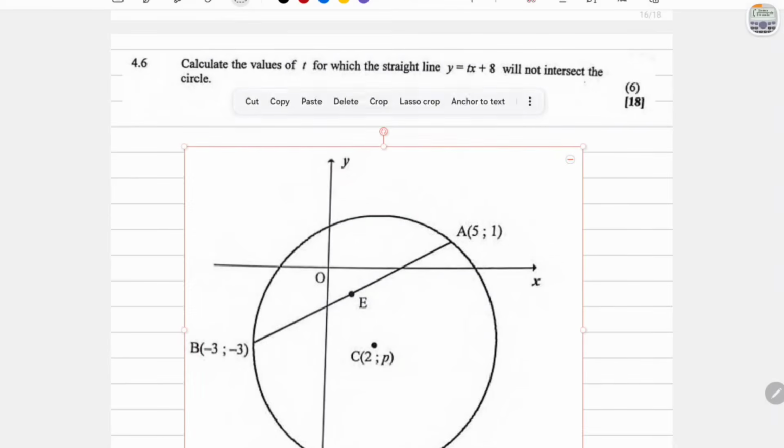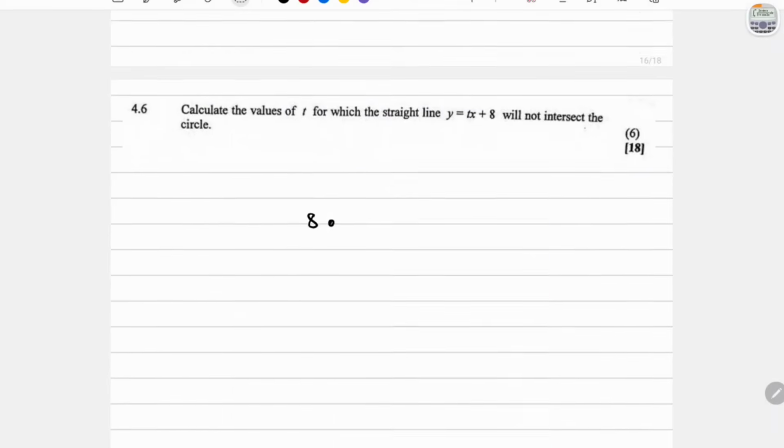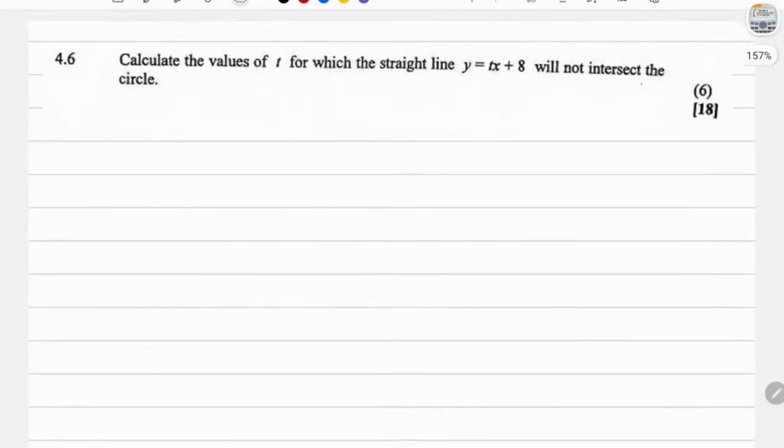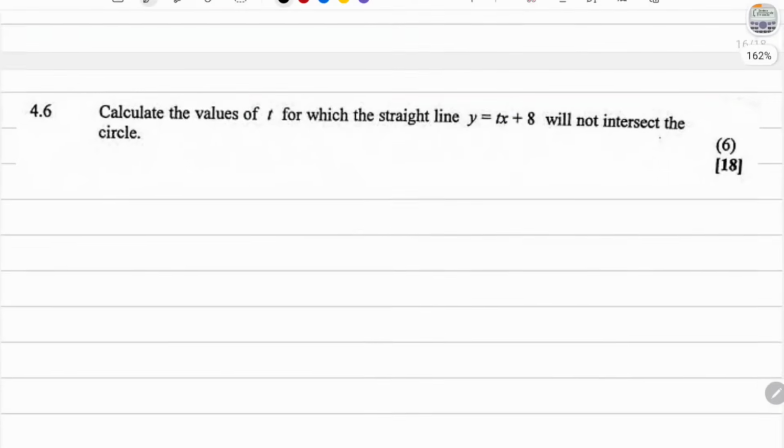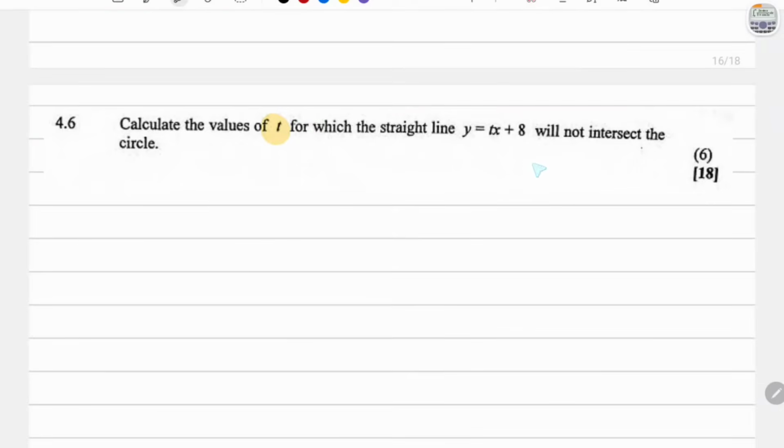Let's look at a more equation way of looking at this. They said calculate the values of t for which the straight line y is equal to tx plus 8 will not intersect the circle. Okay, how about we make the line intersect the circle first, then find out the values of t for which it will not intersect the circle.